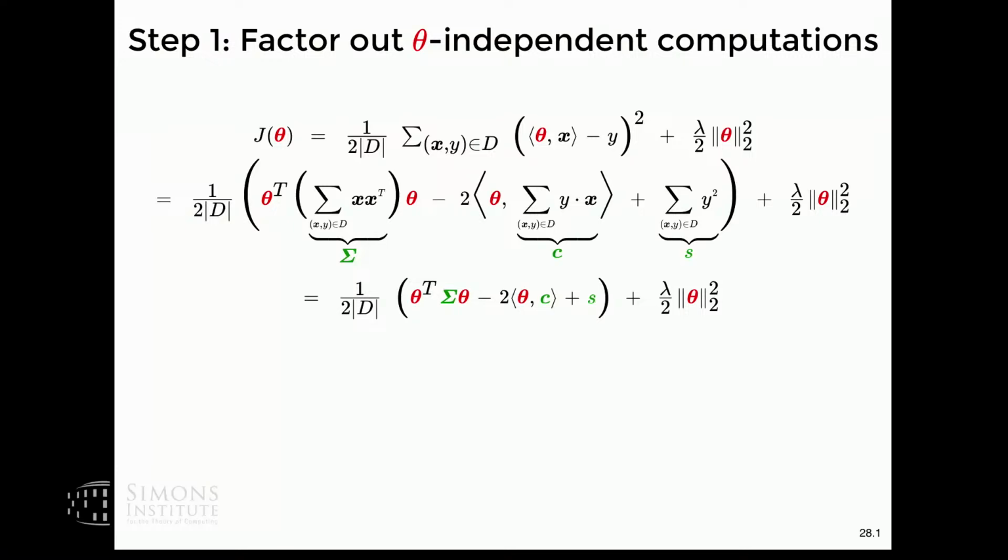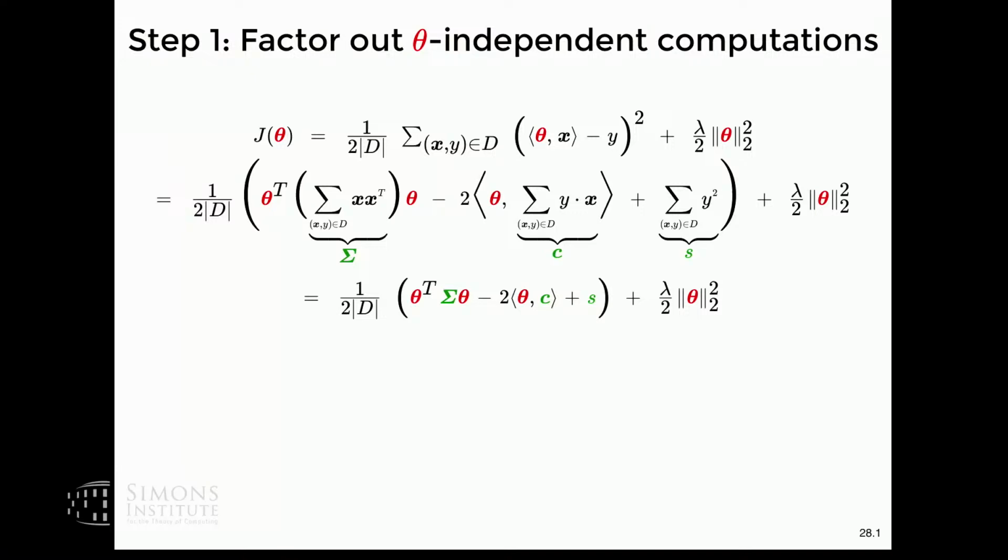Over here, we have a matrix that is sandwiched between two thetas. And this matrix turns out to be what we call the covariance matrix of the data. In particular, it's a summation over every feature vector x and target y of our training data, of the outer product of x with itself.